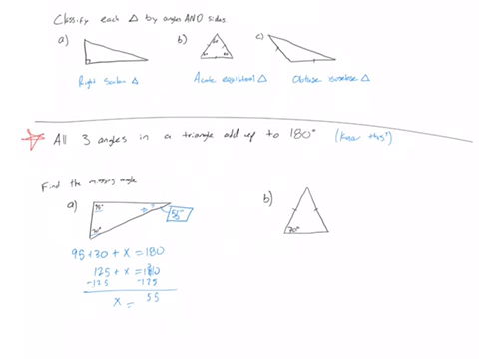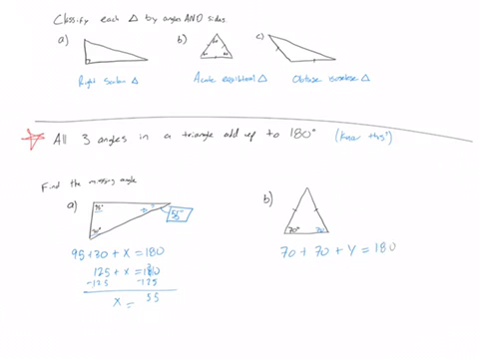Now same idea here on this other one, but notice what kind of triangle this is. This is an isosceles. And remember, if these two side lengths are the same, then these two angles are the same. Normally, if we didn't have that little trick, we wouldn't be able to find it because we have two angles that we're missing. But since we know this trick, that means this one over here must also be 70. So now I know 70 plus 70, that's the other one I found, plus something, I'll call it y this time, is equal to 180.